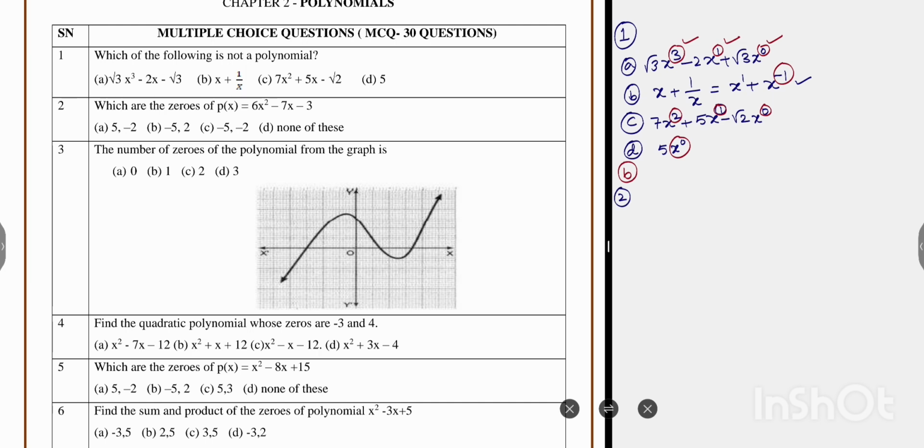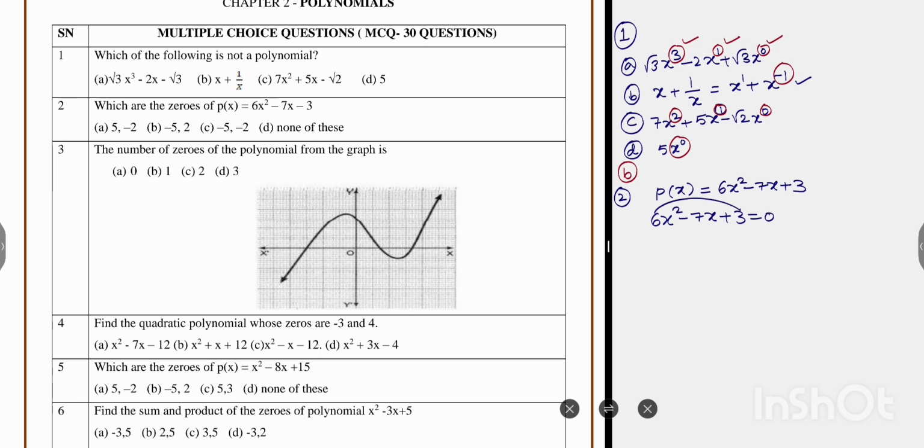Second question. Now second question, which are the zeros of the polynomial p of x? So p of x is given as 6x square minus 7x plus 3. This we have to find out zeros by splitting the middle term. We have to take 6x square minus 7x plus 3 is equal to 0.